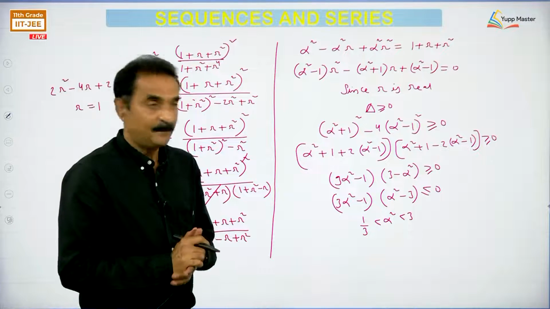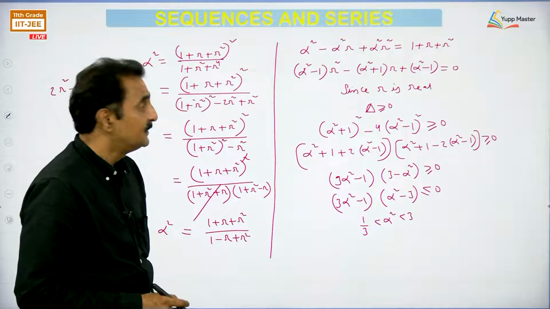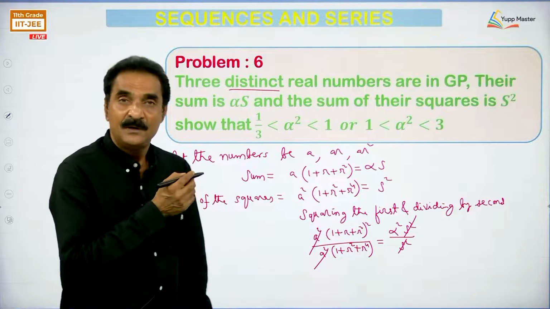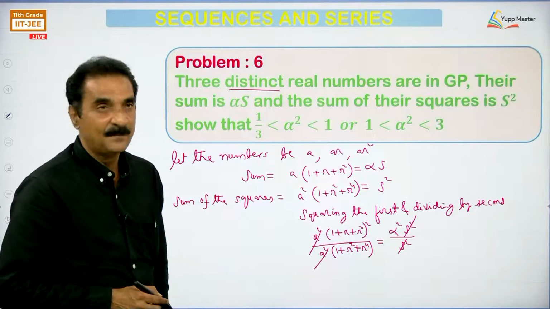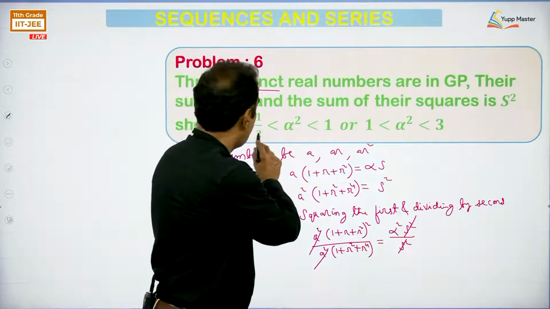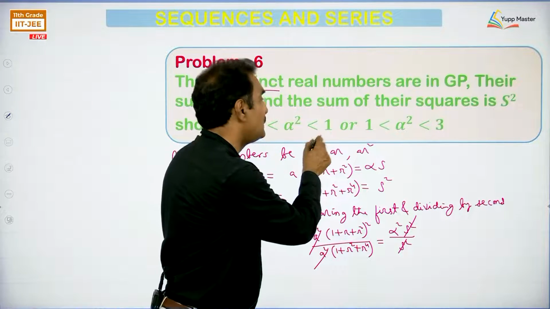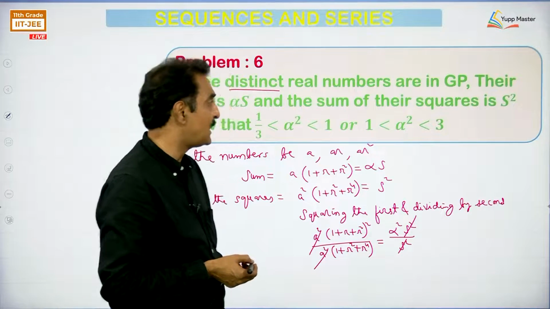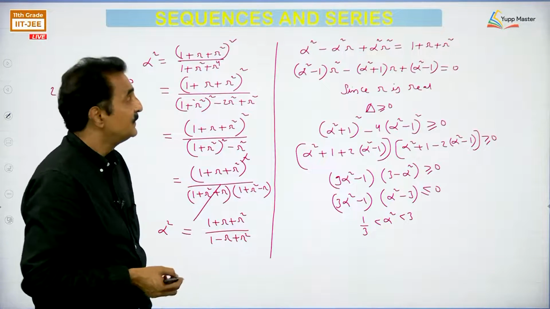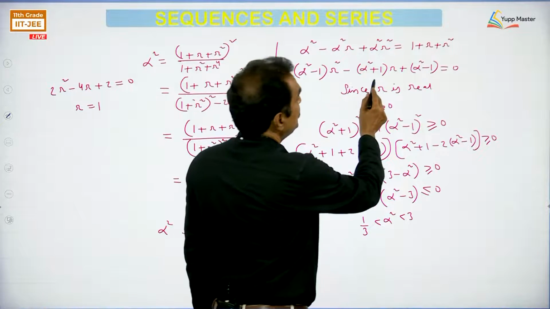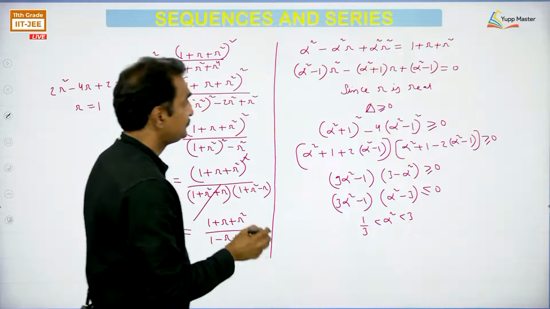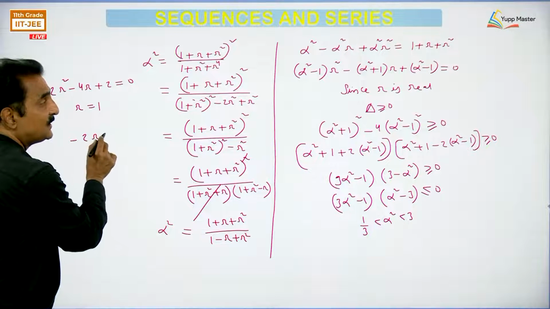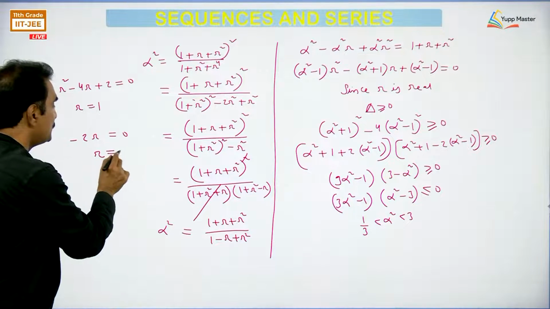And one more thing, here if alpha square is equal to 1, what happens? We have to prove that alpha square lies between 1 by 3 and 1 or 1 and 3, means alpha square cannot be 1. If alpha square is equal to 1, what happens? In this equation, you are getting minus 2r is equal to 0, r is equal to 0.